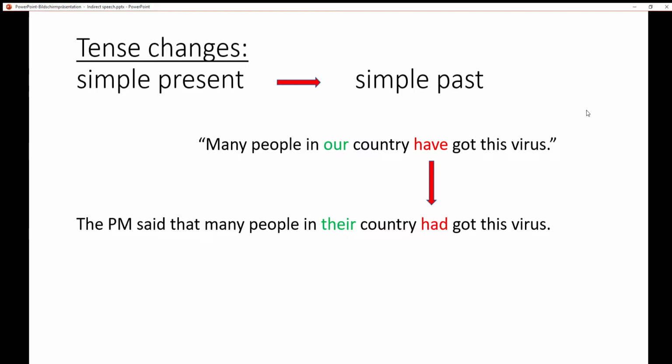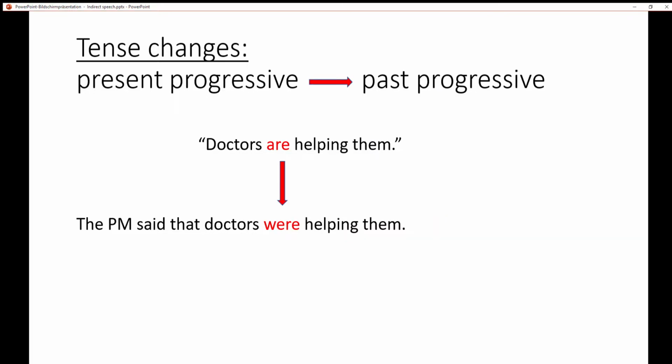It's not very difficult. There's another tense that you can get in the present. That's not the simple present, but that's the present progressive. Doctors are helping them. Present progressive always has two parts. One part is a form of be in the simple present, in this case are. The other one is the present participle. That's the ing form of the verb.